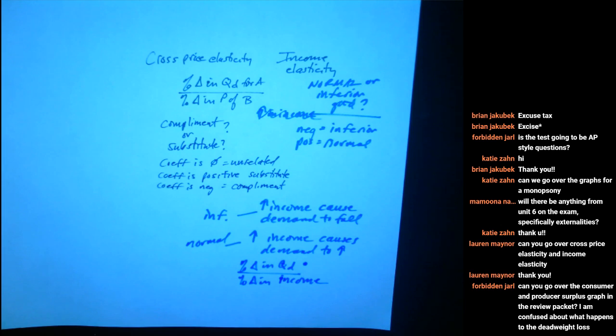Can you go over the consumer and producer surplus graph in the review packet? I'm confused about what happens to dead weight loss. I don't have the packet in front of me, but let me see if I might be able to access it.